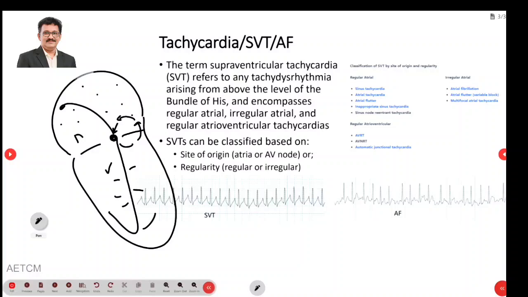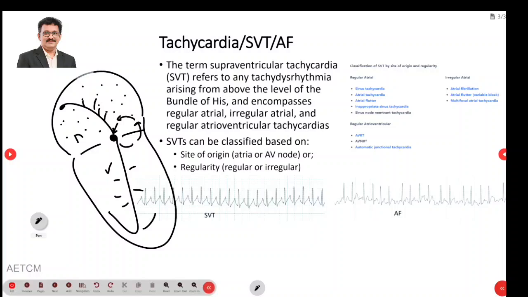This is called AV re-entry tachycardia. This is AV nodal re-entry tachycardia. This is AV re-entry tachycardia. Then atrial fibrillation, multiple foci firing electricity, and that all produces QRS complexes. That is called atrial fibrillation.